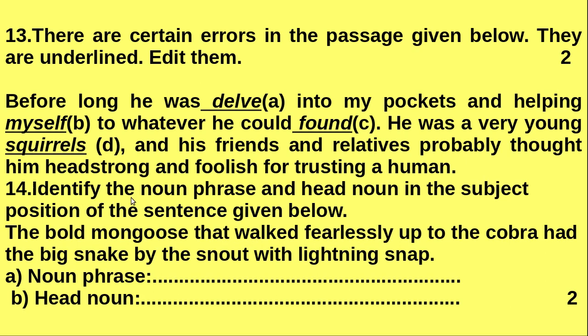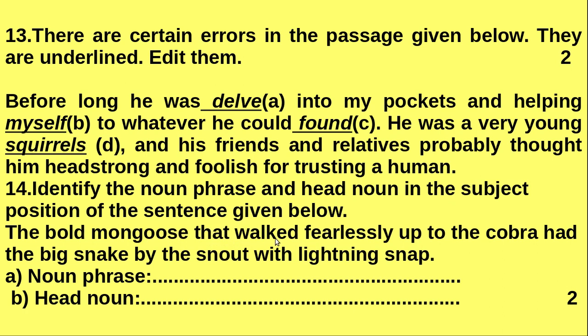Now identify the noun phrase and head noun. We have discussed it in detail when we did the activities. The bold mongoose that walked fearlessly up to the cobra had the big snake by the snout with a lightning snap. What I have told you is that you have to find out the main verb of this sentence. The bold mongoose that walked, walked is not the main verb, that's why we cannot consider this one.